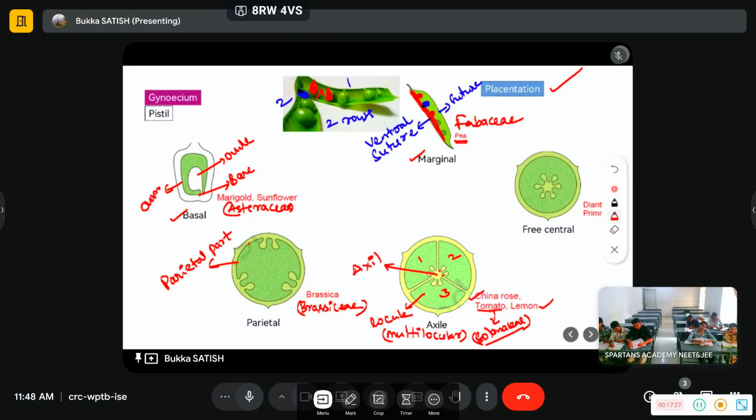So this is a little different from this. Here, this is called free central placentation. How are these two different? In the case of axile placentation, it is a multilocular ovary, but this is not multilocular. This free central is not multilocular. Septa are absent.